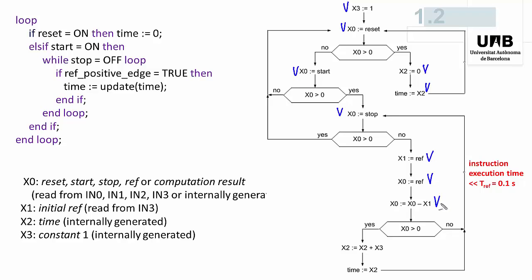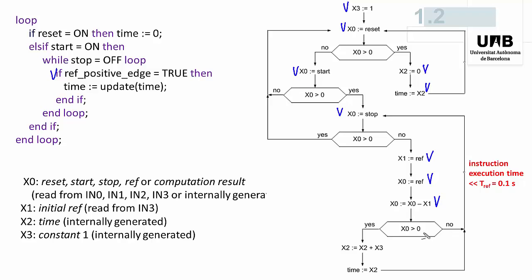If this difference is positive, it means that the first value was 0 and the second value was 1, so that we have just detected a positive edge on the reference signal.